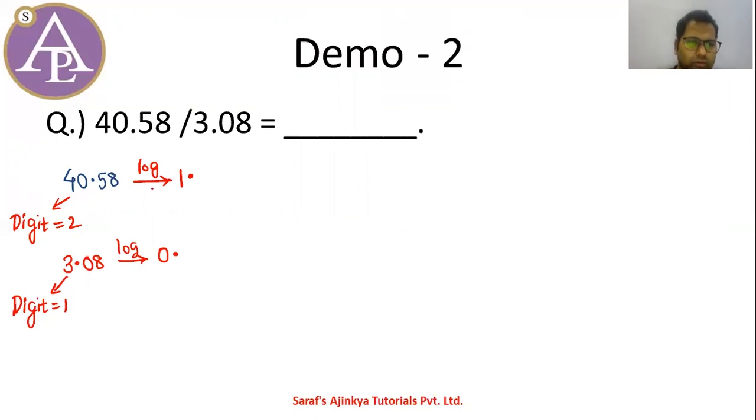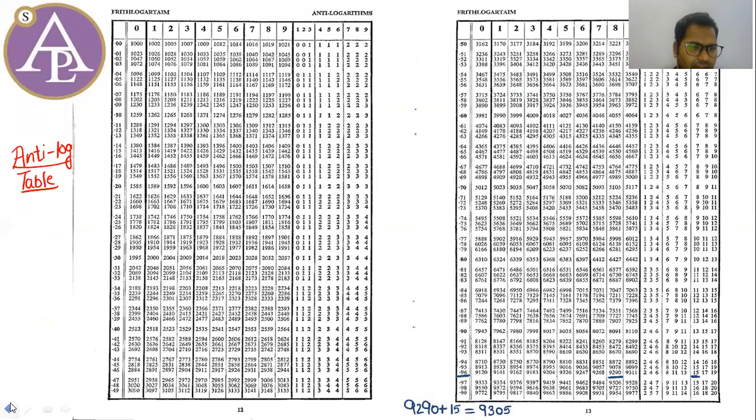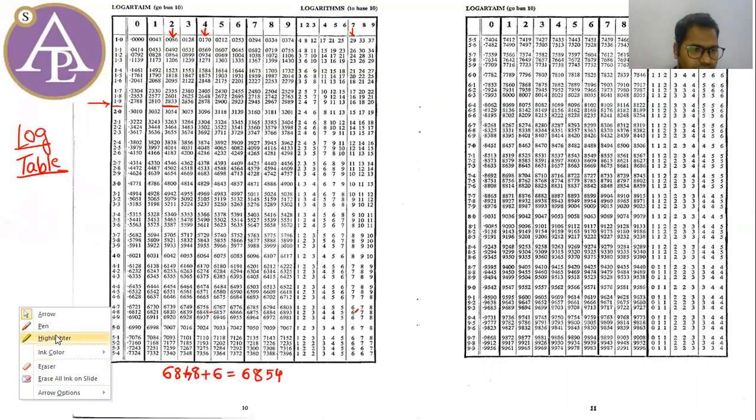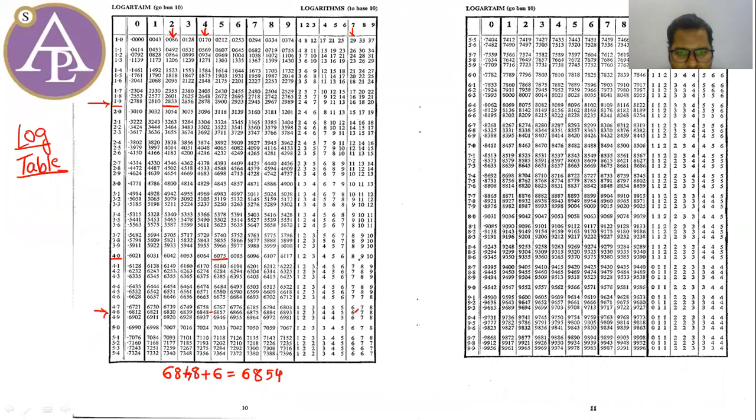Correct. Now what is the number? 4058. Okay. I want to calculate the log for this. 4058. So let us go to the log table. Let us say 40. This is 40. Then this column is 5, and then this number is 8.